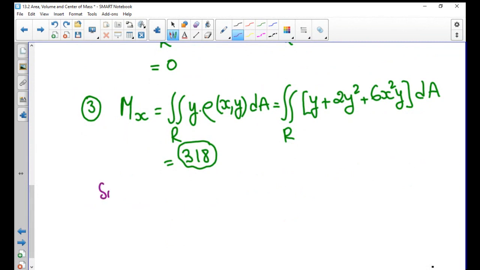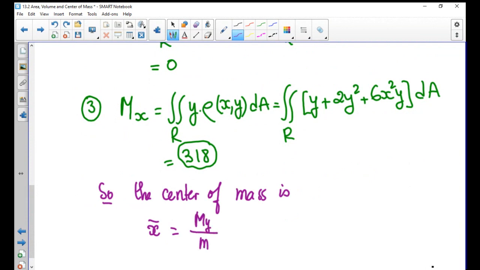So the center of mass is, remember it's two coordinates, yeah? You need x bar, which is my over m. So it's going to be 0. And the y coordinate is Mx over m.